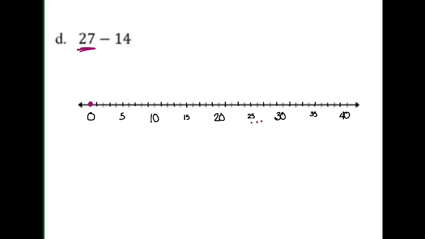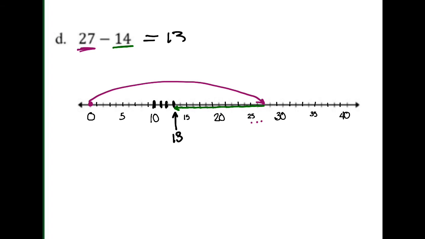We want to end right there. Now I want to subtract 14: 1, 2, 3, 4, 5, 6, 7, 8, 9, 10, 11, 12, 13, 14 back. That's where I end. That number is represented by 10, 11, 12, 13. So the answer to this one is 13.